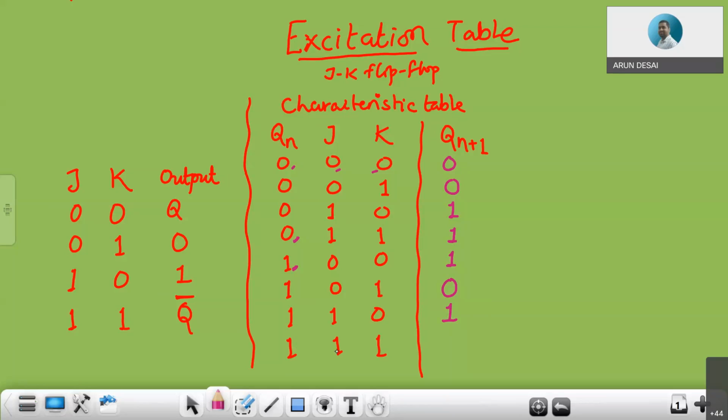Now 1 1, right? For the 1 1 combination, whatever is there in memory is complemented. So 1 is there, the complement of 1 is 0, right? So this is basically a characteristic table based on given inputs and output, right?